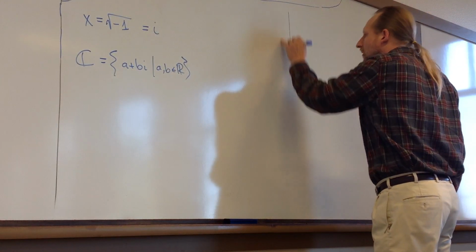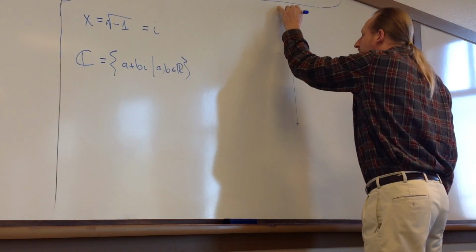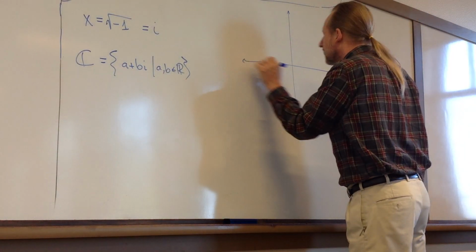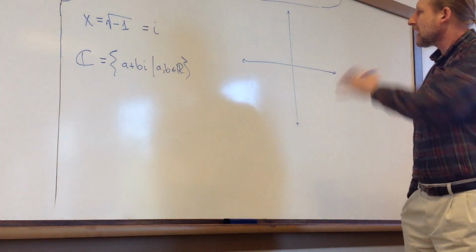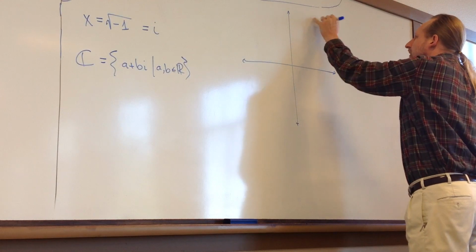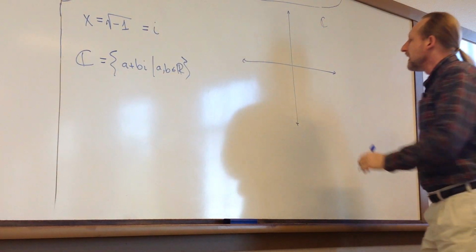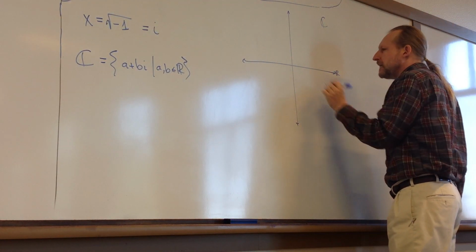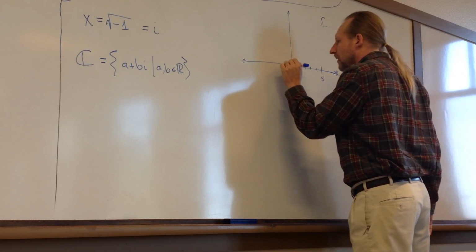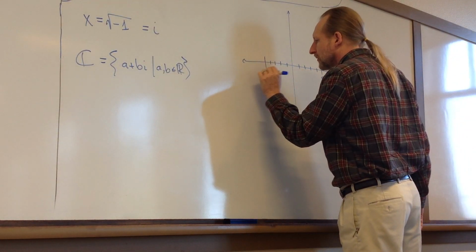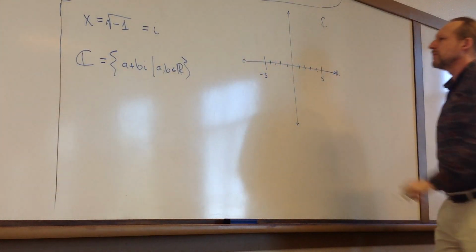So now, in the same way that the real numbers live on the real number line, the complex numbers live on a complex plane. Now the real number line is here, okay? This is where all the real numbers that we're familiar with exist on this real number line.